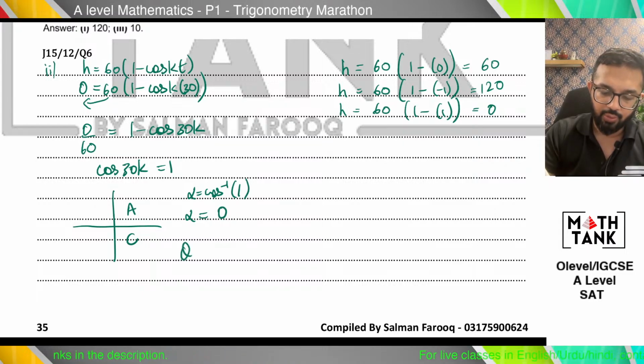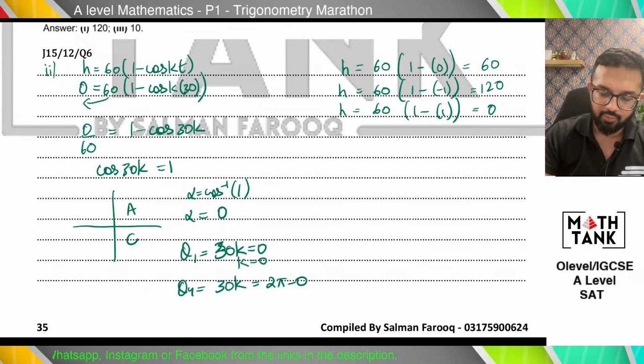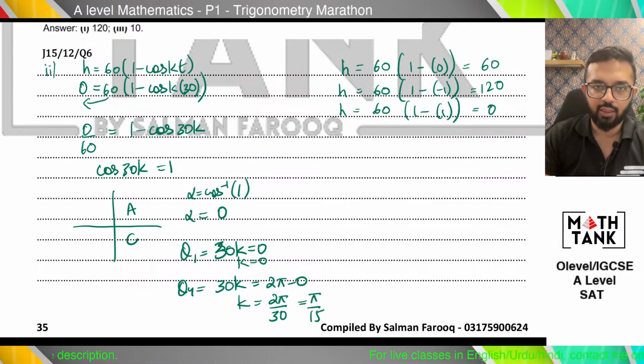So quadrant 1 is 30k equals 0. Quadrant 4 is 30k equals 2 pi minus 0. Obviously, k can't be 0, then k can definitely be 2 pi over 30, which is pi over 15.